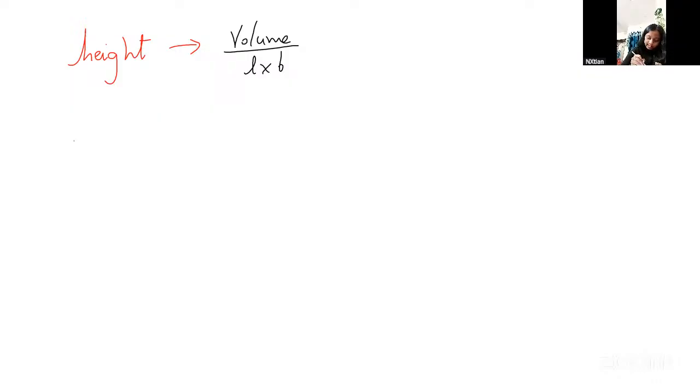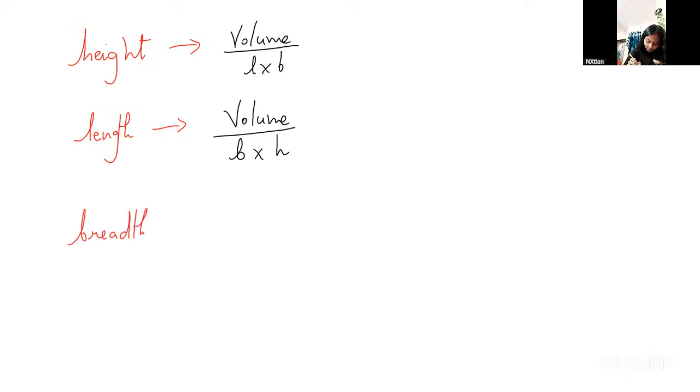When you're finding the length, what you will do? Volume divided by breadth into height. When you're finding the breadth, what you will do? Volume divided by length into height.